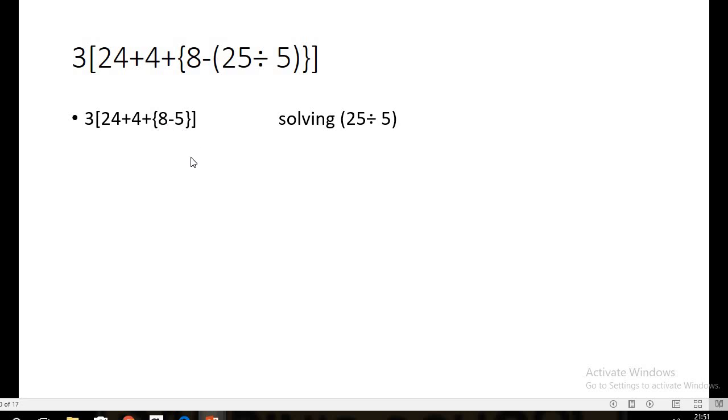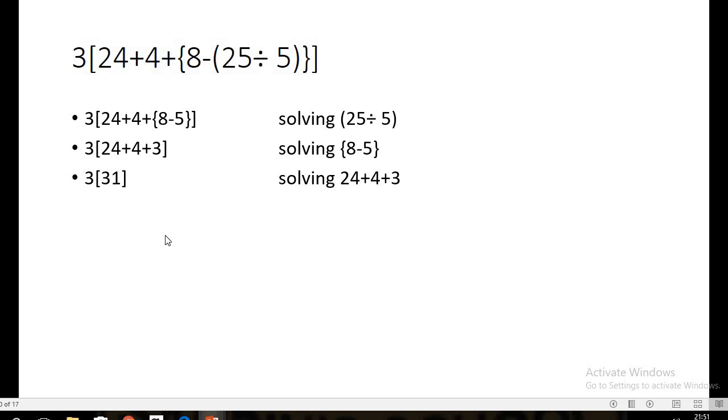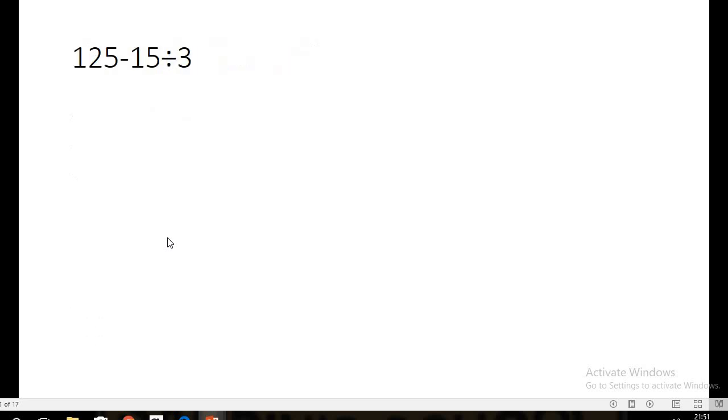So 8 minus 5 gives us 3 and the curly bracket vanishes. Now in the square bracket we have 24 plus 4 plus 3, which gives us 31. Now 3 bracket 31 means 3 multiplied by 31, which gives us 93 as the answer.